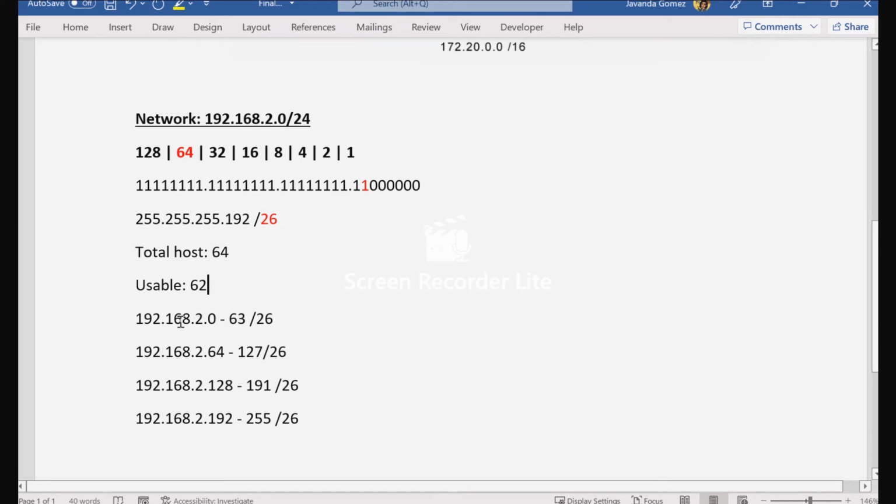Here you can see this is the first address, 192.168.2.0, which is our network address, and our broadcast address on this network is 192.168.2.63. So this is our network address, this is our broadcast address, and all the addresses in between these 2 addresses are our usable hosts. And the same for the rest of the 4 networks. So we would have already subnetted router 1.